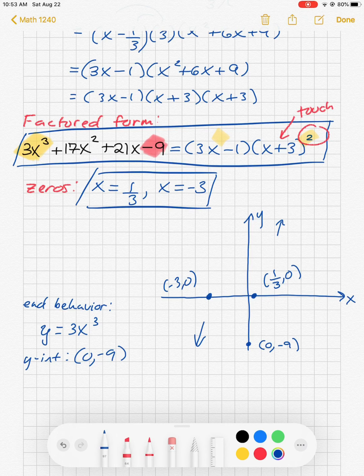Because we have a power of 2. Touch. Here's my y-intercept. Let's see, what about at a third? Power is 1. So it crosses, right? Crosses through just like a line.